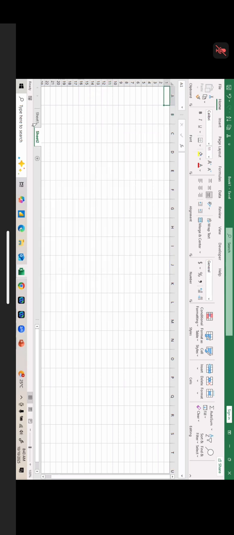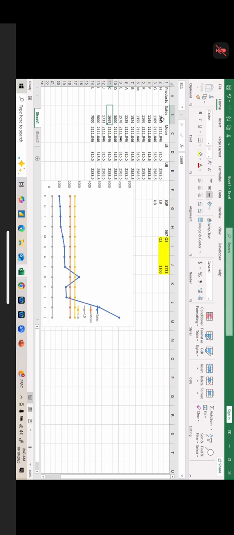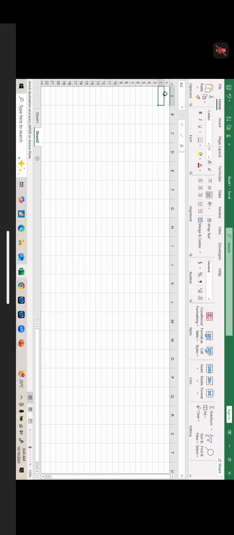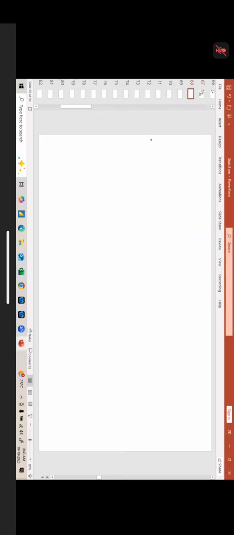What is box plot? Okay, I'll just copy the same sales data. Paste it here. What is box plot? Box plot. Anyone?